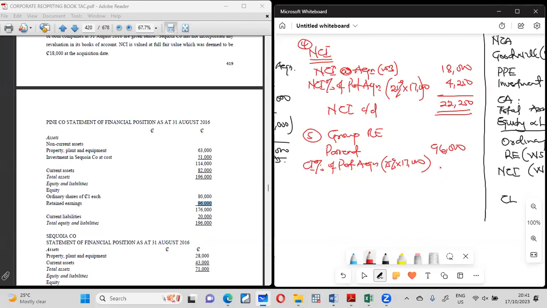How much? 12,750. All right. Now, we don't have any impairment. We don't have any unwinding. We don't have all those things. Gain on bargain purchase hasn't happened yet. So what will be the total here?